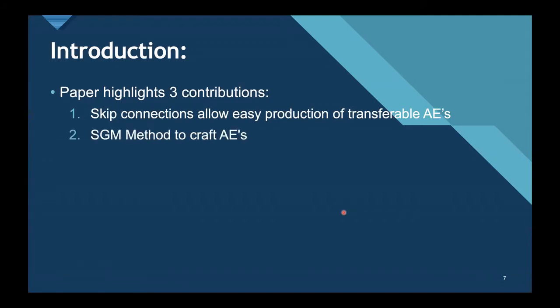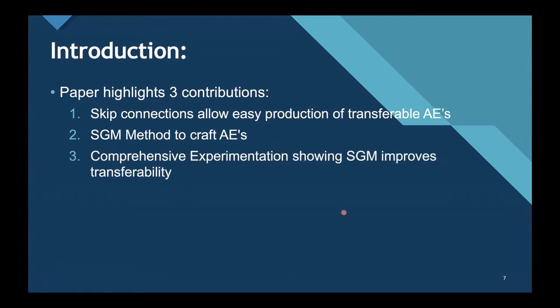And they propose a method to exploit that vulnerability, the SGM method, that crafts adversarial examples using skip connection gradients. And also they list as contributions the experimentation they did to show that the method boosts existing attacks and provides more transferability.